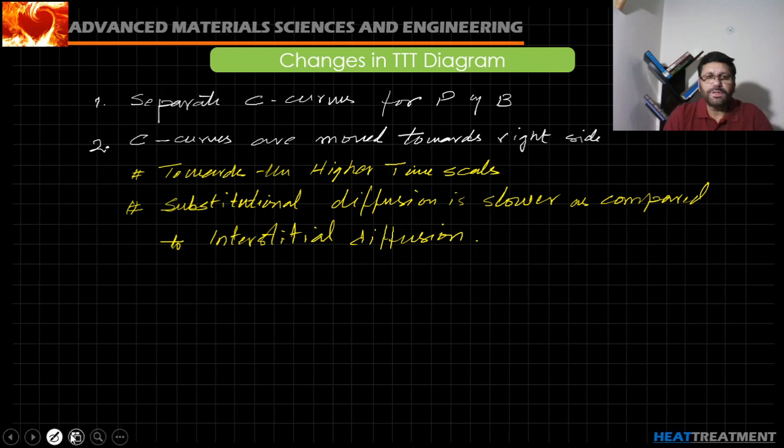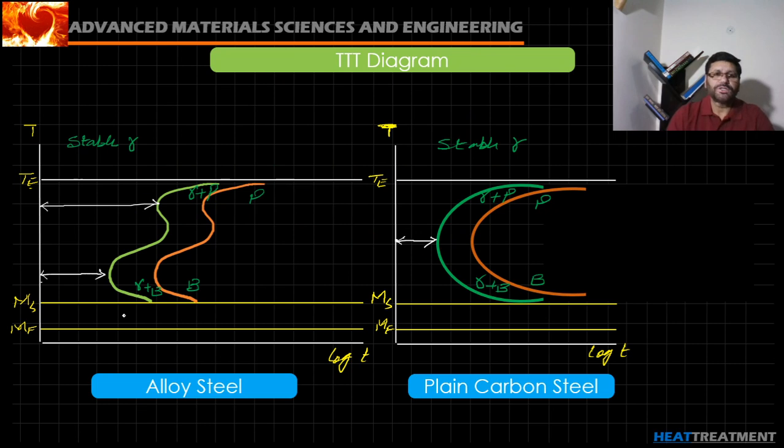So this is going to be the main reason why these curves are shifted towards the right side.